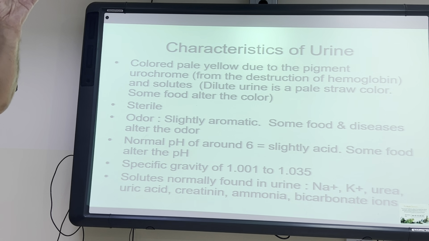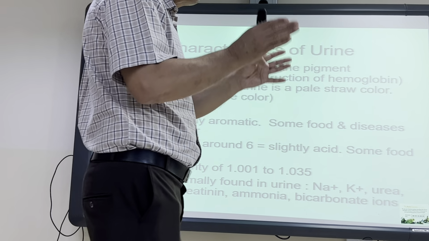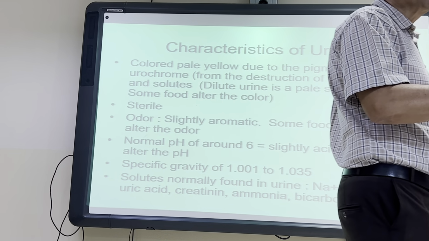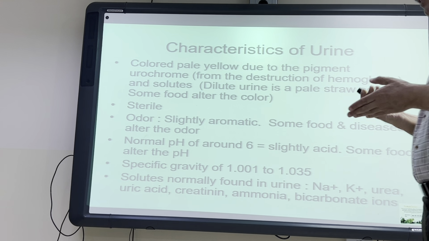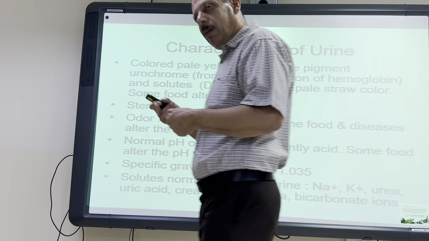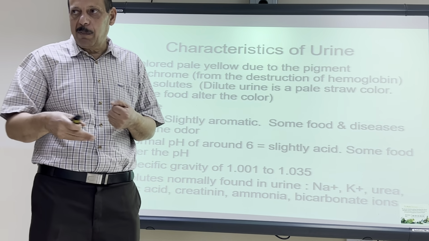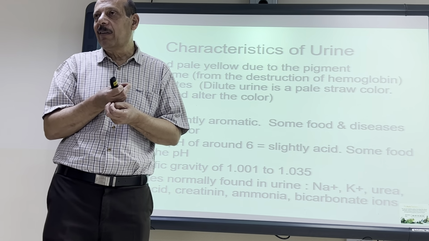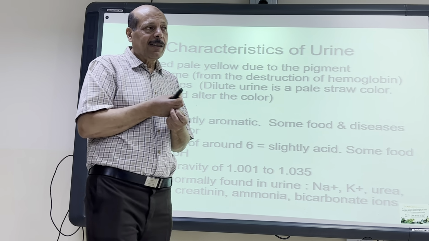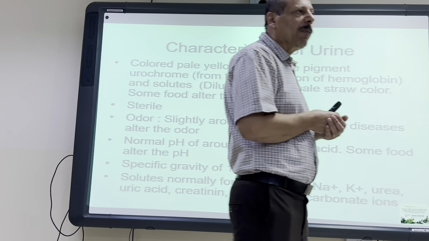It means that there is no microorganism in our urine, unless we have infection. The infection might come either as microorganisms through the blood, or it might be an ascending infection through the urethra. So in this case, microorganisms will be there.